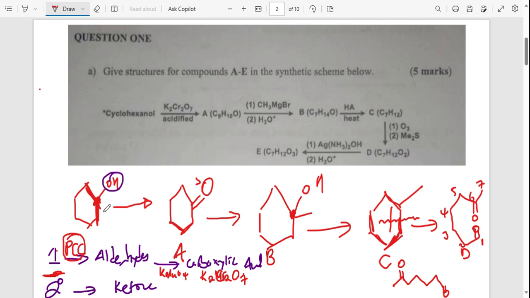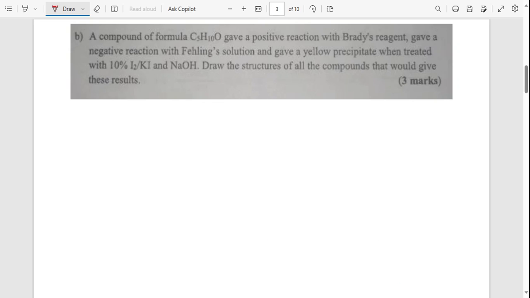Is that okay? Okay, so thank you. So take note that tertiary alcohols do not undergo oxidation because they do not have an alpha hydrogen.